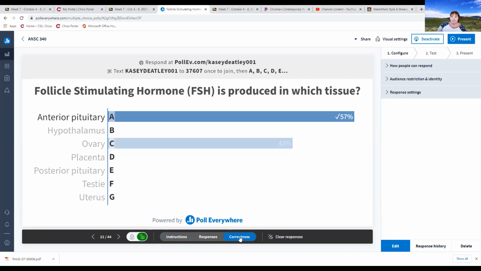Okay, so FSH is going to be produced from the anterior pituitary gland. Specifically the gonadotrope cells of the anterior pituitary gland. These are also the cells that produce LH.